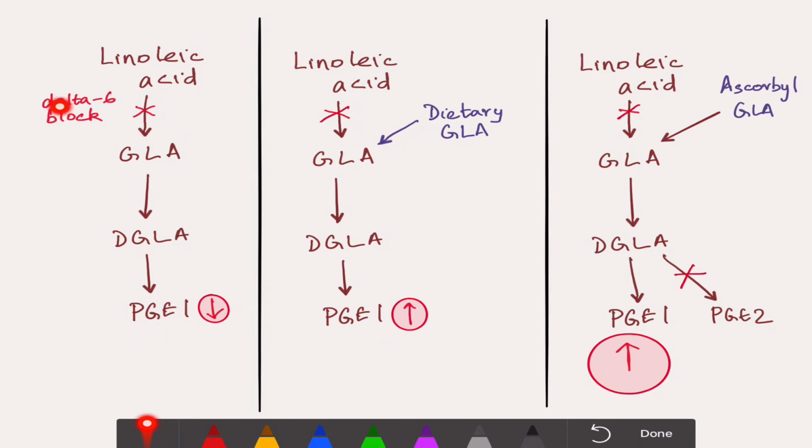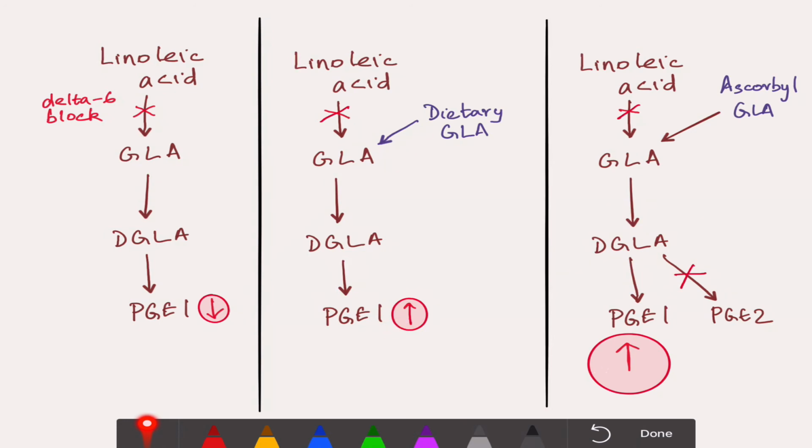Now in diabetics, there is a delta 6 desaturase block, and because of this metabolic block, the linoleic acid we get from the oil in our diet is not converted into GLA. If there is a block here, the entire GLA metabolic pathway does not work and PGE1 levels become reduced. So because there is a metabolic block here, we are giving GLA directly, through dietary GLA, to make DGLA and to restore the production of PGE1.